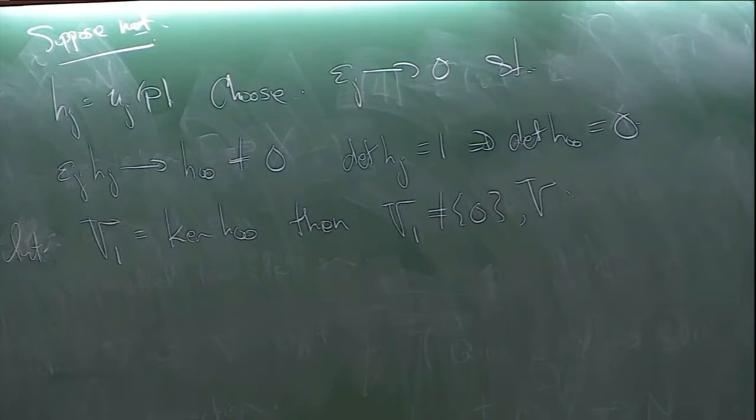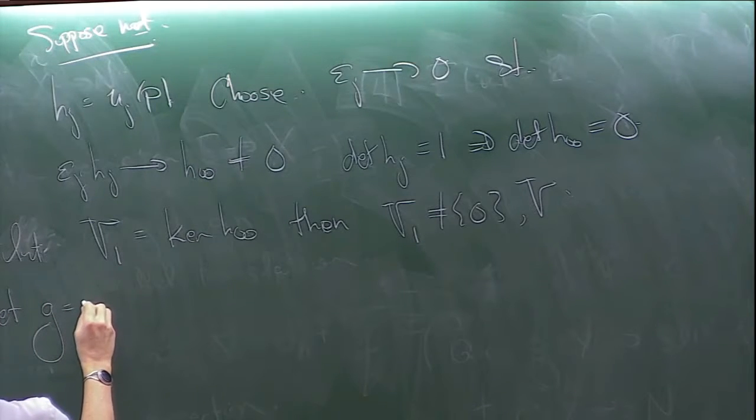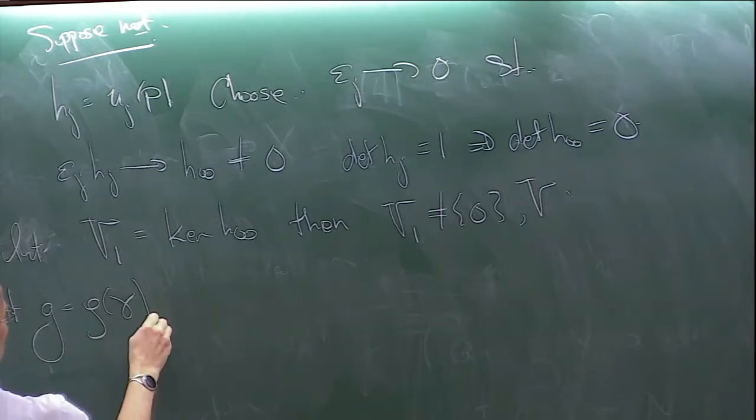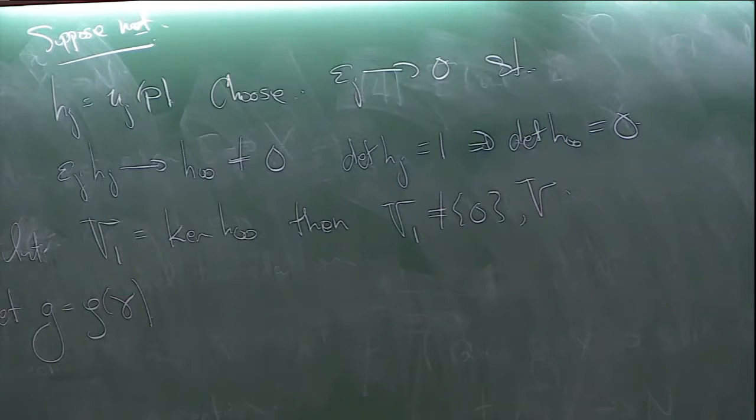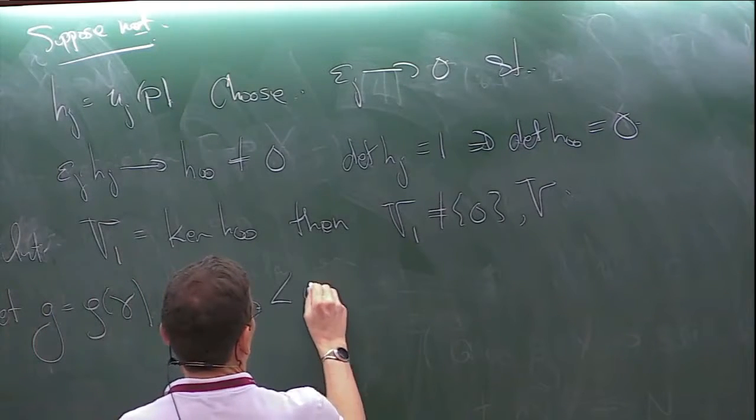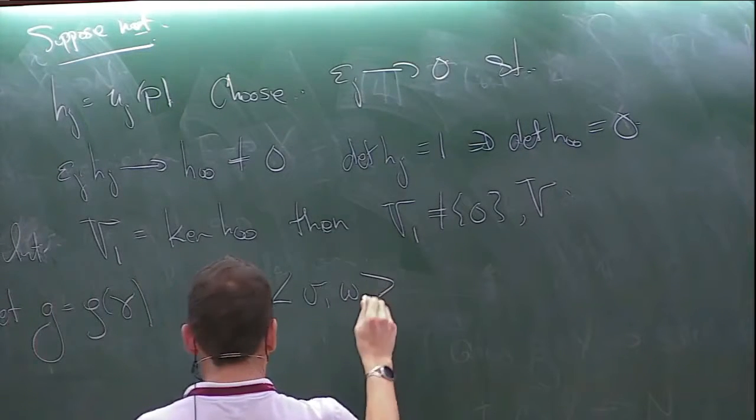Now let G be rho of some gamma. I know that I've got a uniform Lipschitz constant. Whatever that means exactly, it means that the metrics are bounded from each other.